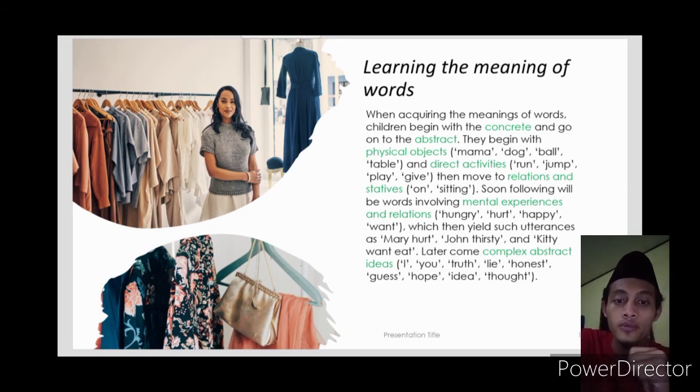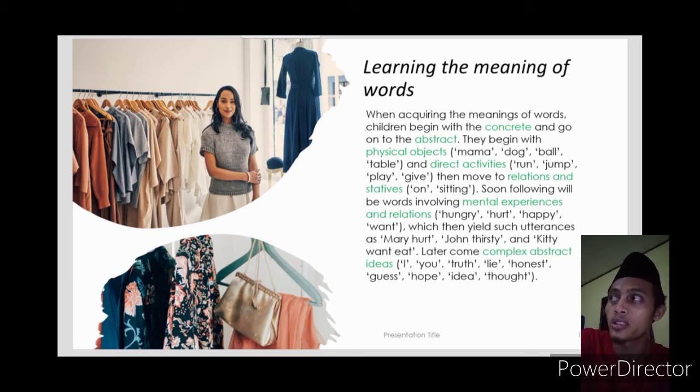The first is from physical objects. They can know the meaning when they directly see the object. For example, they look at their mother, so they can know the meaning of mother is their mother, because the mother can be seen by them directly. It is a physical object.